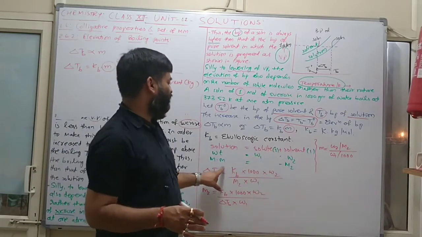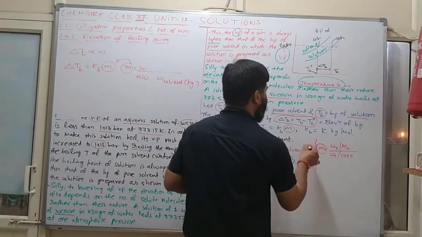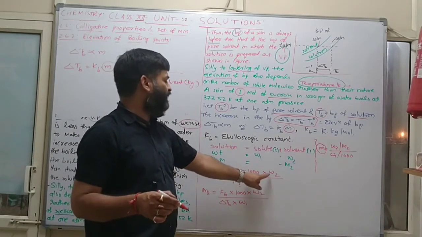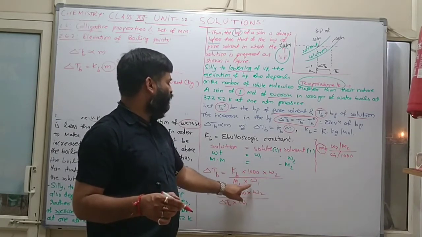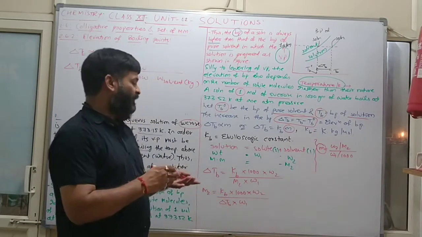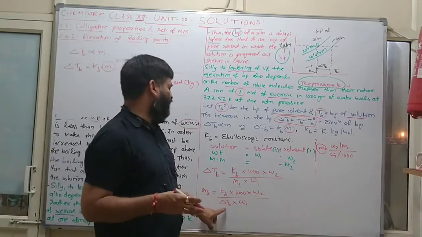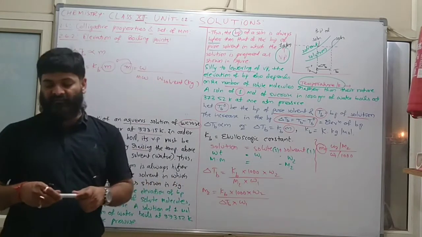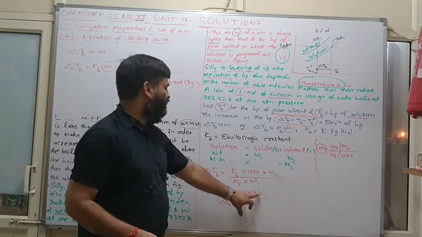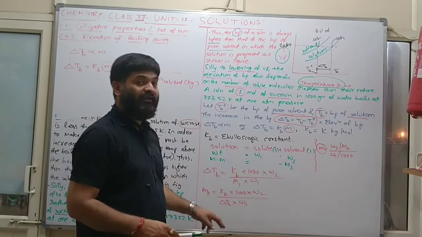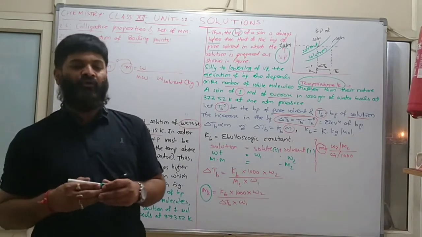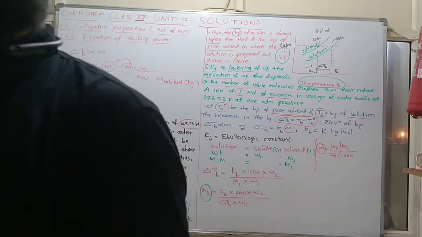Whenever we put the formula of molality inside this one, delta TB is equal to Kb into 1000 into W1 upon M2 into W2. So M2 will be Kb into 1000 into W1 upon delta TB into W2. Clear? It means if you know the value of Kb, W2, W1 and delta TB, then easily we can determine the molar mass of the solute particle.